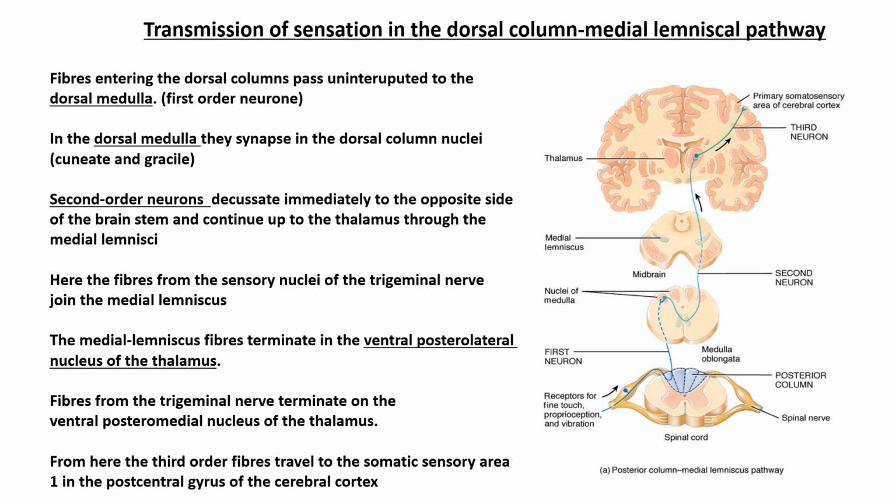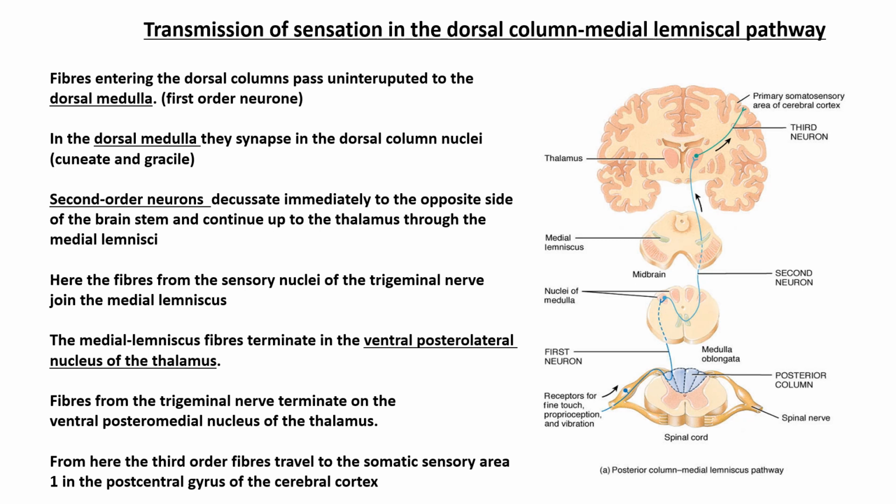Remember these receptors for fine touch, proprioception, and vibration. When they generate impulses, these impulses are carried via the dorsal column medial lemniscal pathway, or the dorsal column, and enter the spinal cord. The afferent nerve enters the spinal cord, and as we have learned just now, it divides into the medial branch, which goes upwards, that's ascending, and the lateral branch, which goes into the various segments of the spinal cord. Some of them will also join the dorsal column and go all the way up to the medulla.